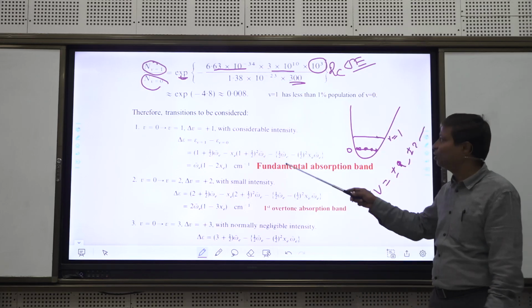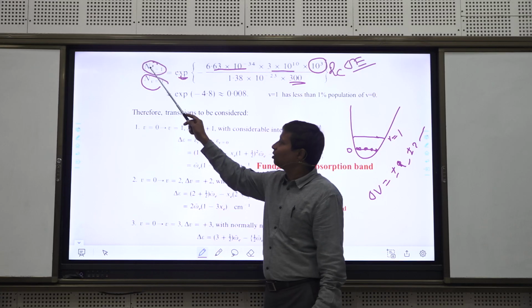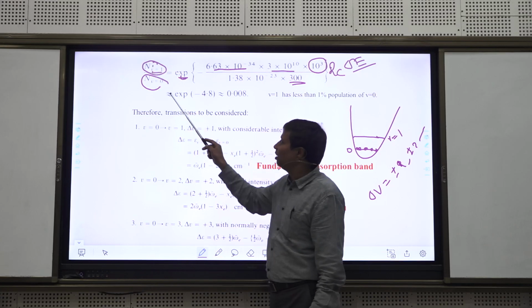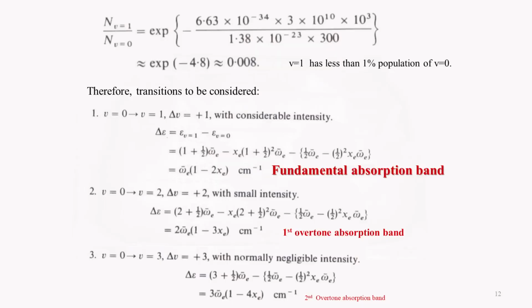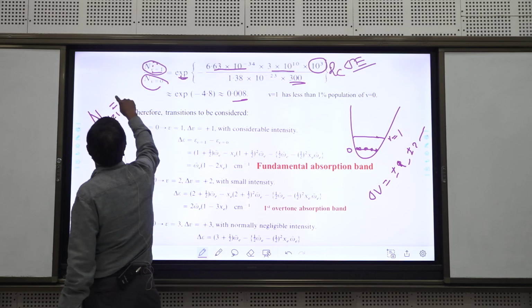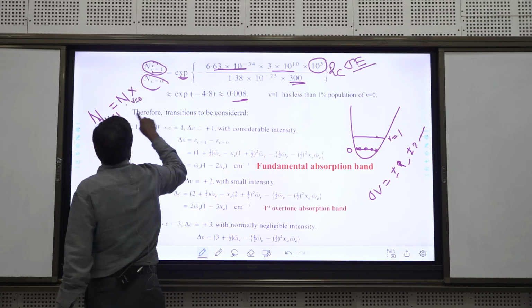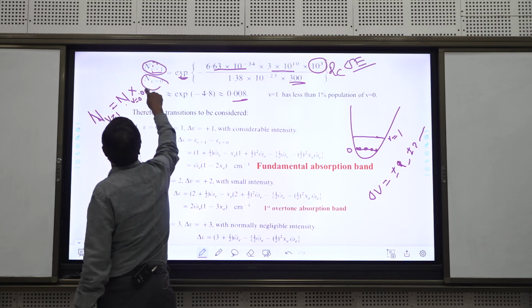If you see this, then the population at v equal to 1 is not even 1%. It is less than 1%. This means that N(v=1) is N(v=0) times 0.008.